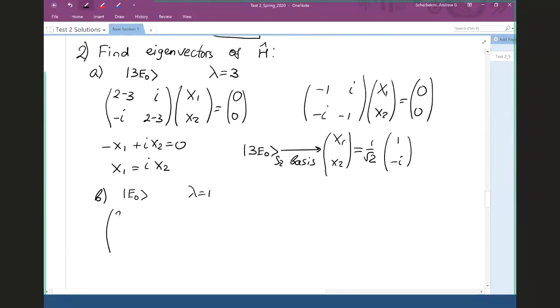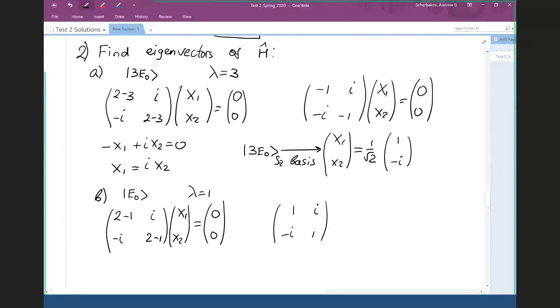So we plug 1 for lambda: 2 minus 1, i, negative i, 2 minus 1, multiplied with x1, x2, equals 0, 0. Alright, so that means 1, i, negative i, 1, x1, x2 equals 0, 0.